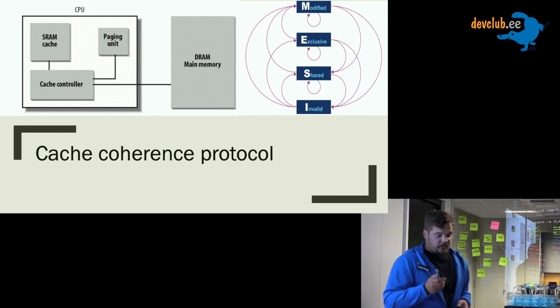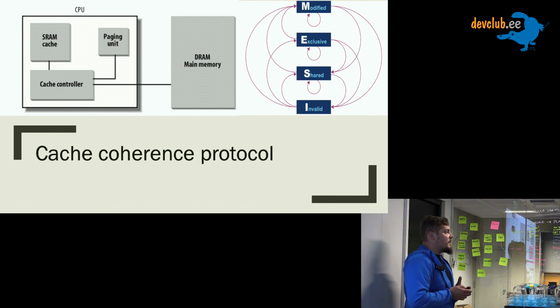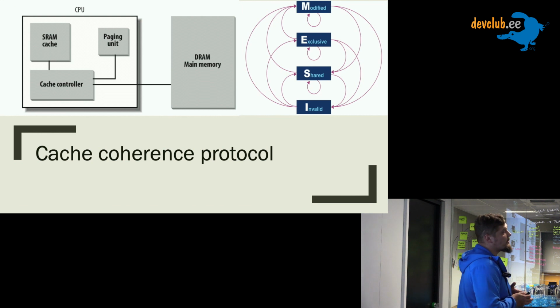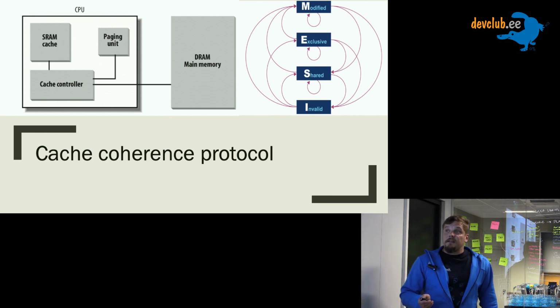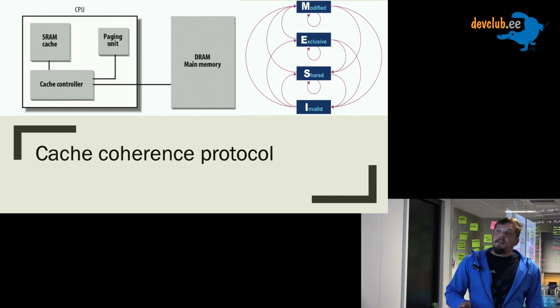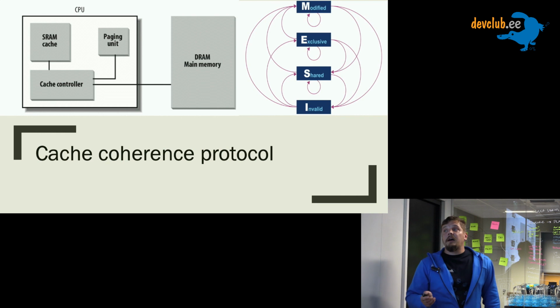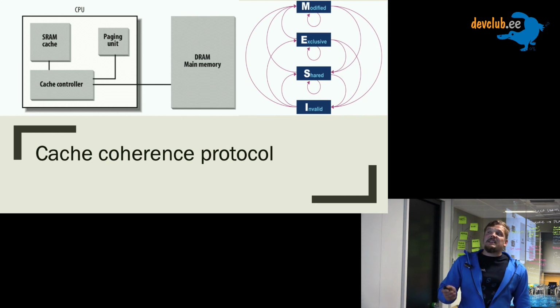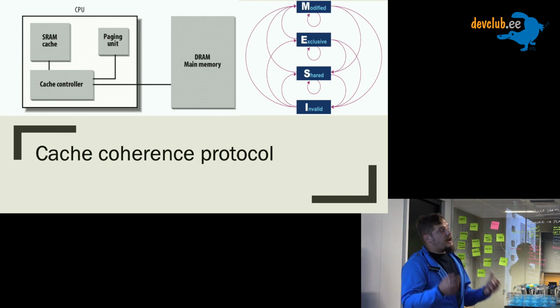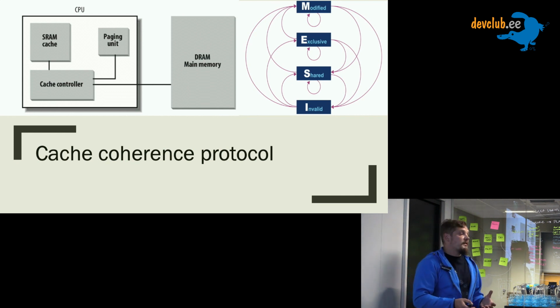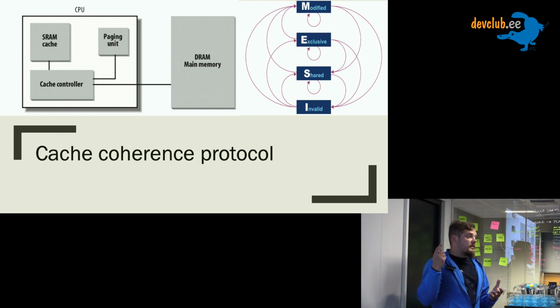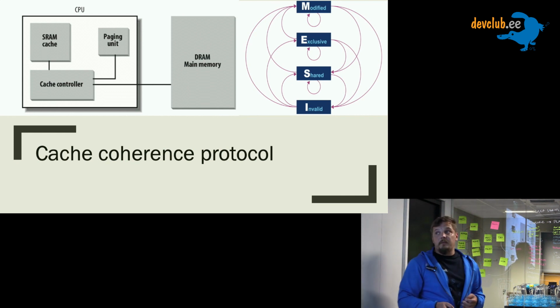Okay, so there is a special protocol called the cache coherence protocol, and here, as you can see, all the access to the memory goes through the caches, and there are different statuses of cache lines. For example, modified means dirty, it should be written to the main memory.